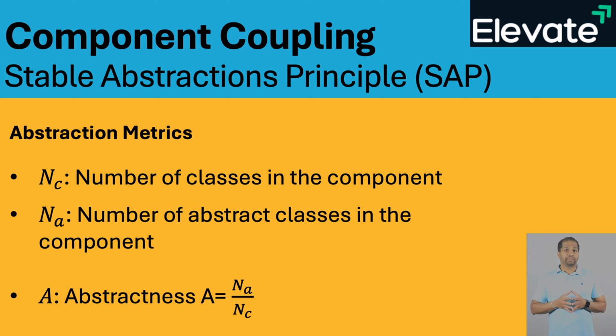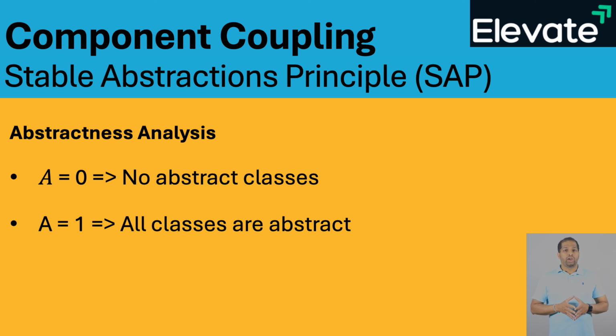We need two parameters: C, the number of classes in the component, and A, the number of abstract classes in the component. The ratio of the number of abstract classes to the number of total classes in the component defines the abstractness. When abstractness equals 0, there are no abstract classes, and when abstractness equals 1, all classes are abstract.